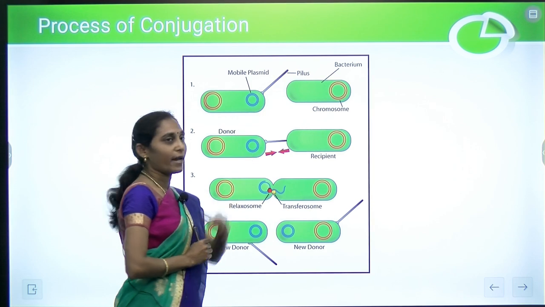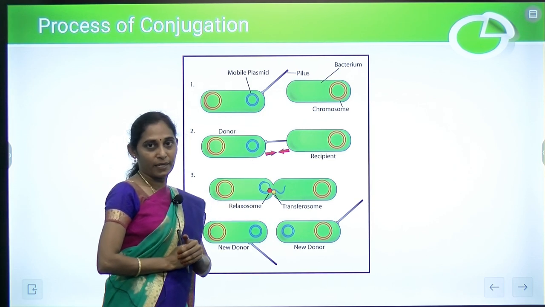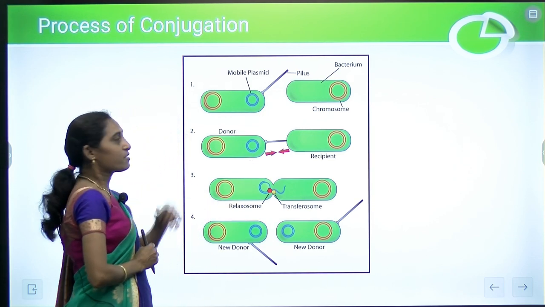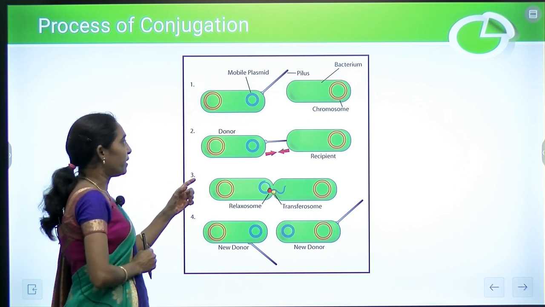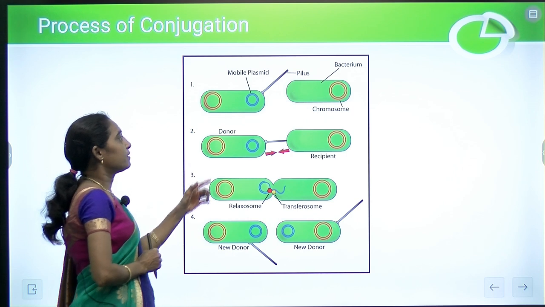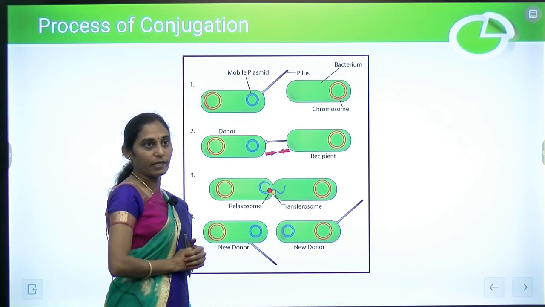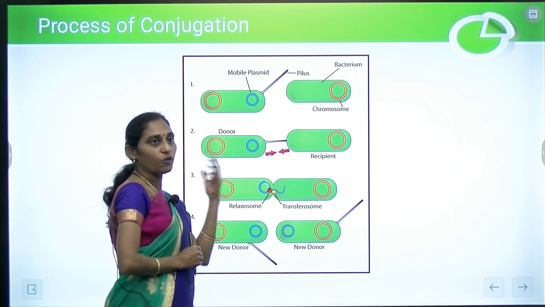They are pili called sex pili. The presence of sex pili is very important because attachment is done only by these sex pili. These are present in donor cells.